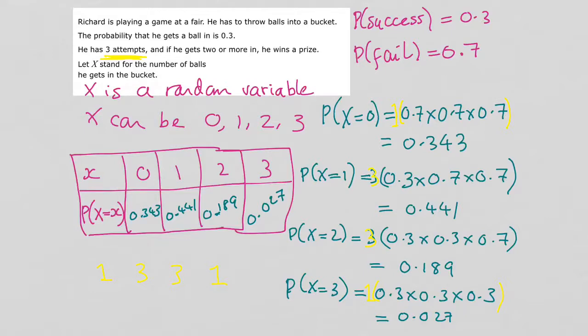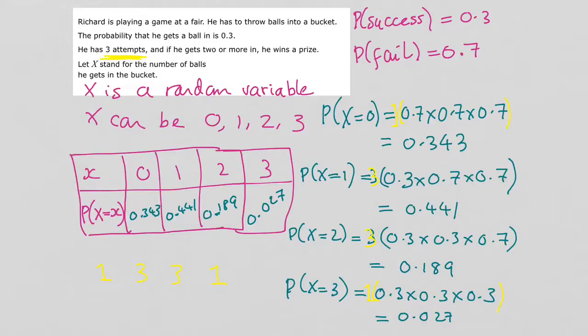So rather than working out all 3 possibilities, I could have just known it would be 3C1, 3C2. Don't worry too much about that for now. We'll look at that in more detail. I just thought it was quite interesting to see the 1, 3, 3 and the 1.